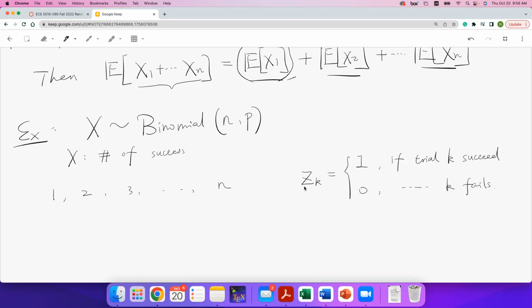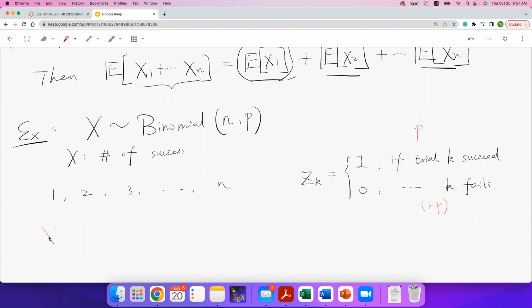So apparently Z_k equals 1 with probability p, because we know each trial succeeds with probability p. So Z_k equals 0 with probability 1 minus p. Okay, this is an indicator random variable. And we know the distribution. It equals 1 with probability p, equals 0 with probability 1 minus p.